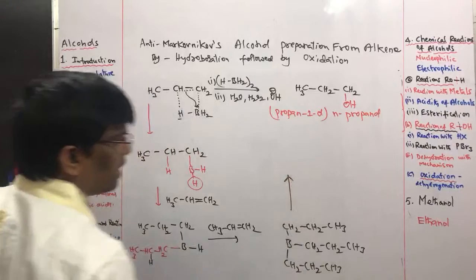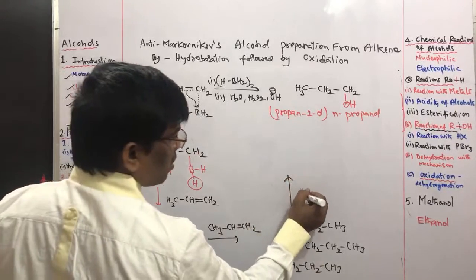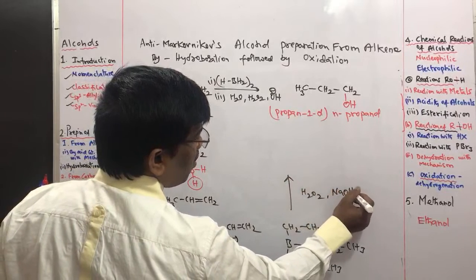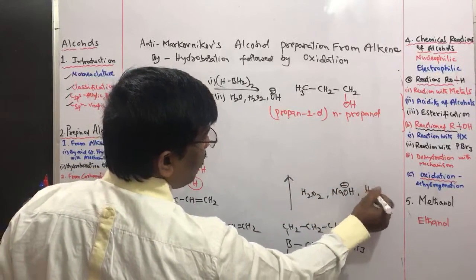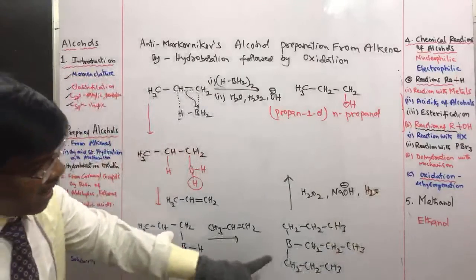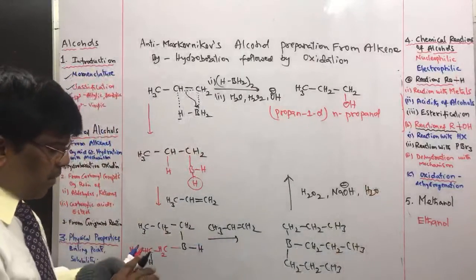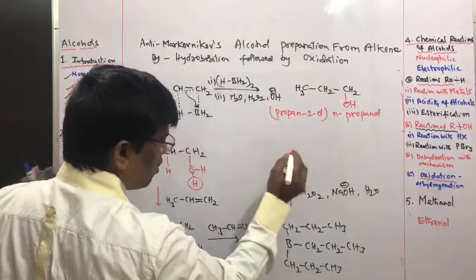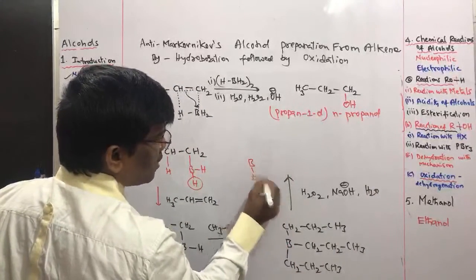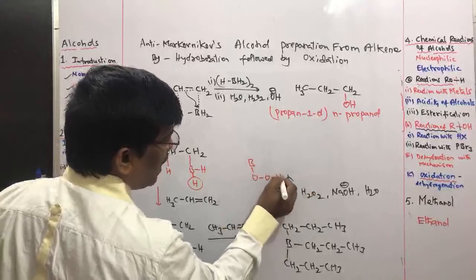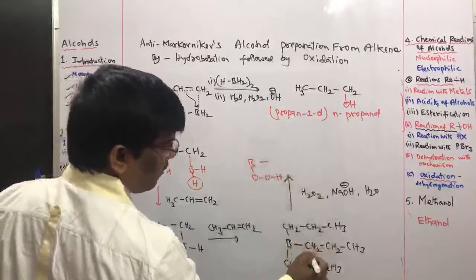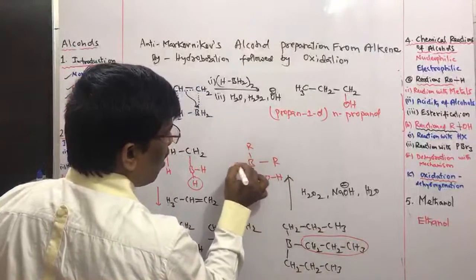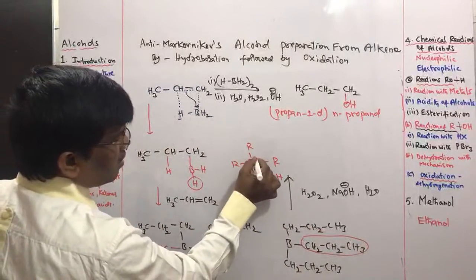Now when you add hydrogen peroxide, H2O2, in the presence of sodium hydroxide, that is base, and water, you are going to hydrolyze this compound. If you want the mechanism, boron adds to peroxide OOH, and if I write all this as one R group, R and R and R. So what is the position here?